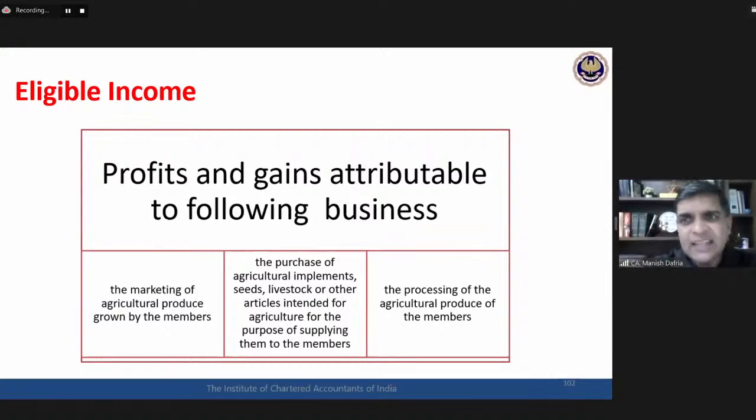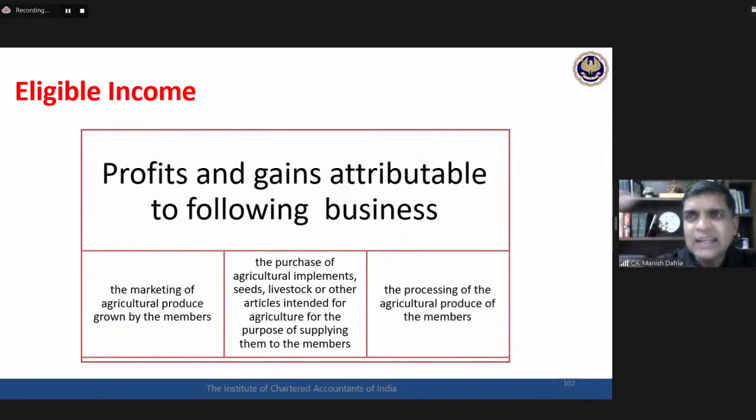So if you do these three activities through a cooperative society, marketing of agricultural produce, and purchase and distribution of agricultural implements amongst the members, you get exemption under 80P. The same activity done by a producer company having a turnover of less than 100 crore, that income is exempt. Income from that activity is exempt under Section 80PA.